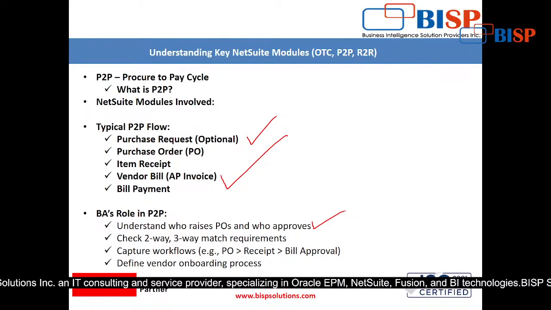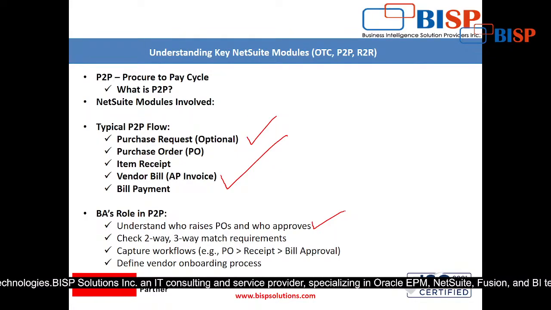Then check the two-way, three-way match requirement. Whatever items are written in the purchase order, exactly the same should be visible at the time of delivery. Suppose I have purchased some toy, a cooler, or any electric appliance.